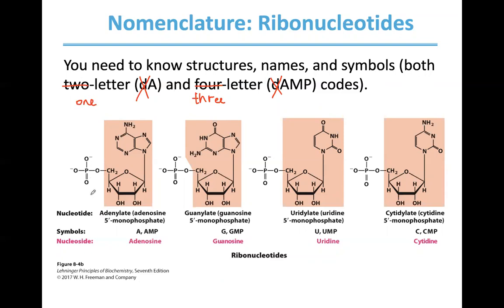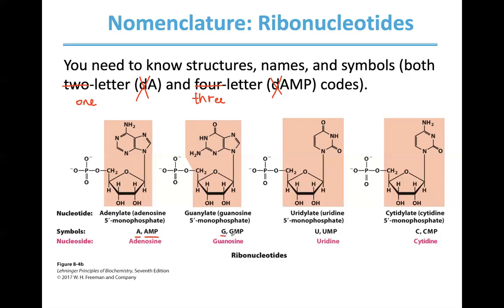All right, so here's the nucleotide, adenylate, right? So no deoxy anymore. So adenosine 5' monophosphate. And now you use A and AMP, adenosine monophosphate. Guanylate, guanosine 5' monophosphate.